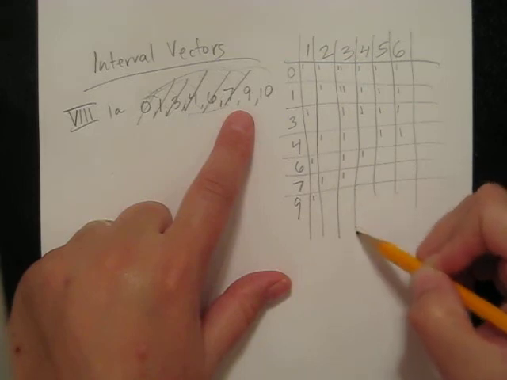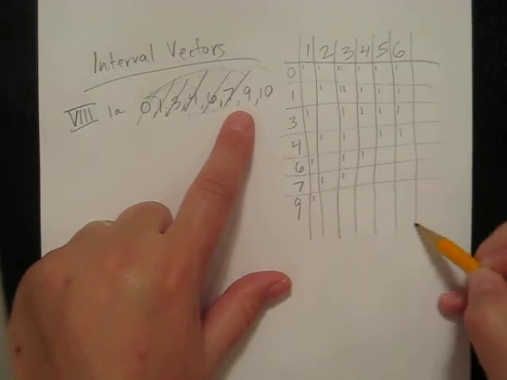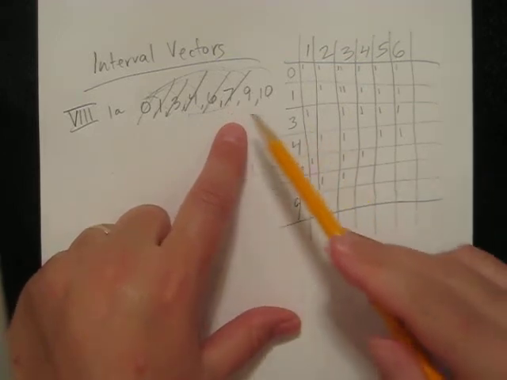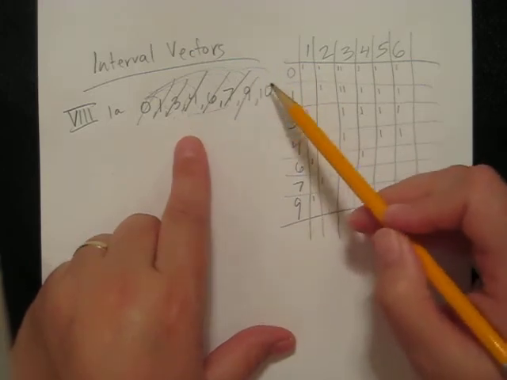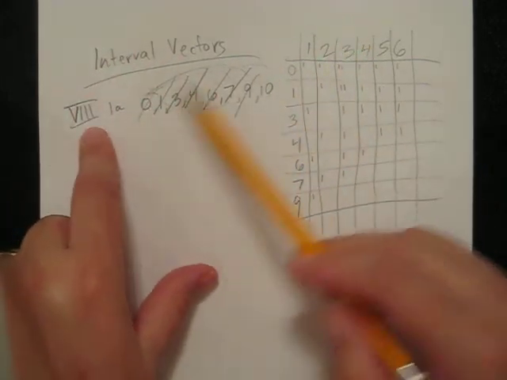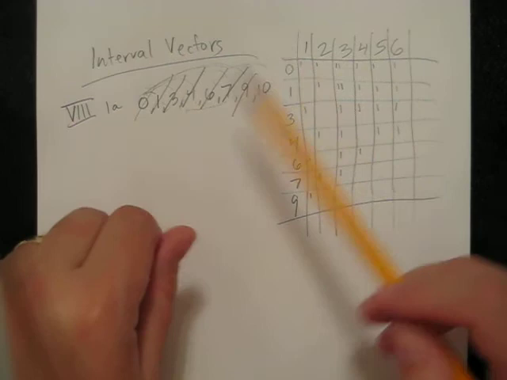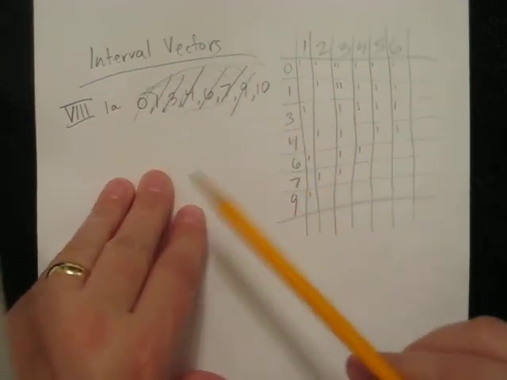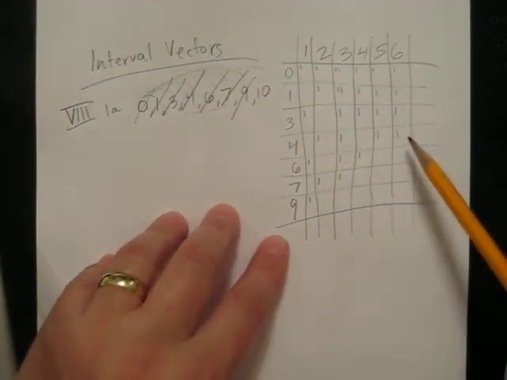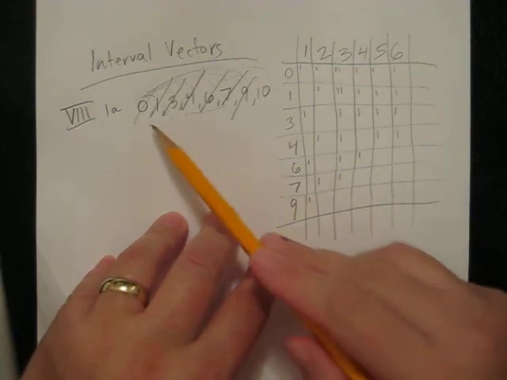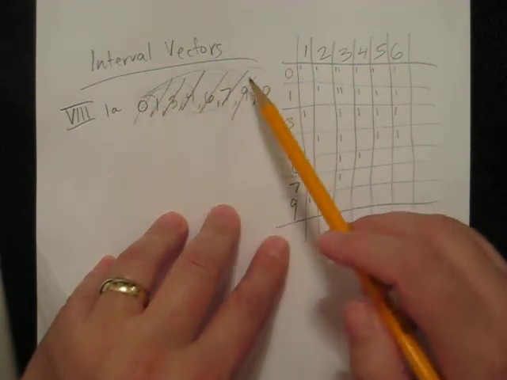Okay. So we have all of those. That's all the intervals, and 10 to 10 is a 0, of course, same thing, 0 to 0. Those don't count.